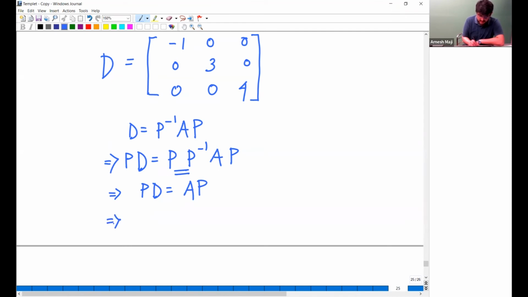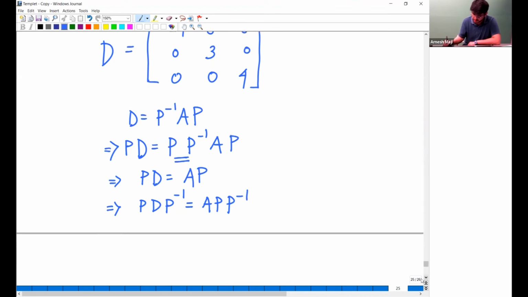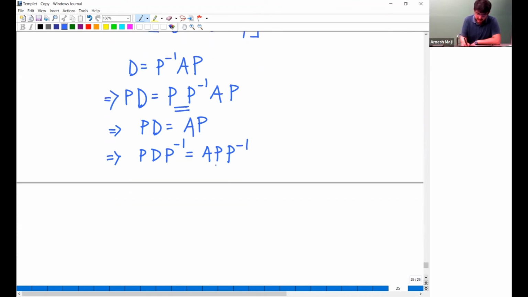Next, multiply P inverse from the right hand side. Matrix multiplication is non-commutative, so this is different. Again, this will become an identity and we'll get A as P D P inverse.